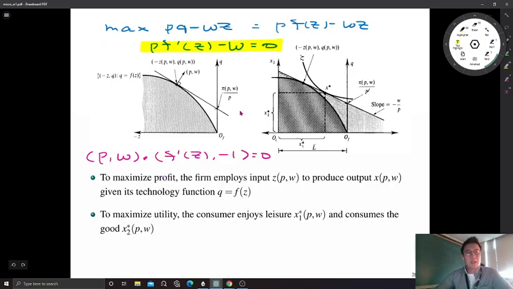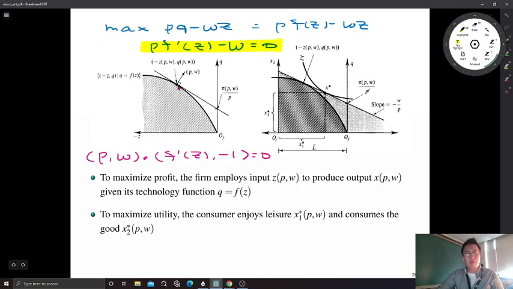So at the profit maximizing production plan, the price vector and F prime comma minus 1, that is going to be the slope of this production frontier.